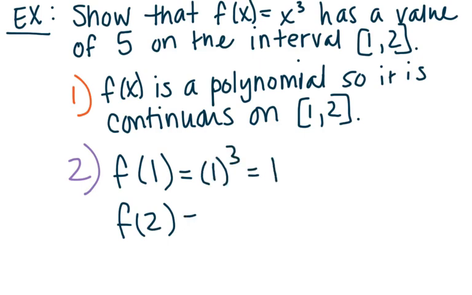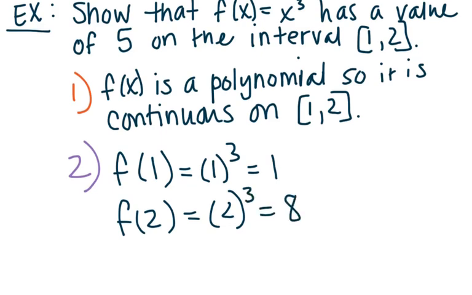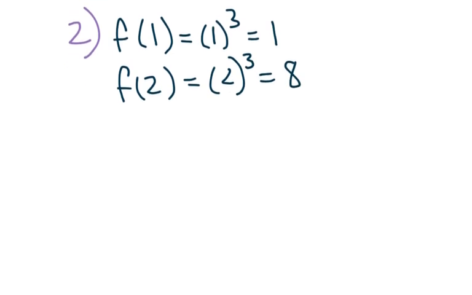So that's going to give us a 1, and 2 is going to give us an 8. And so because we have a value of 5, and this falls between a 1 and an 8, we are guaranteed that there's an x value that will give us that value of 5.